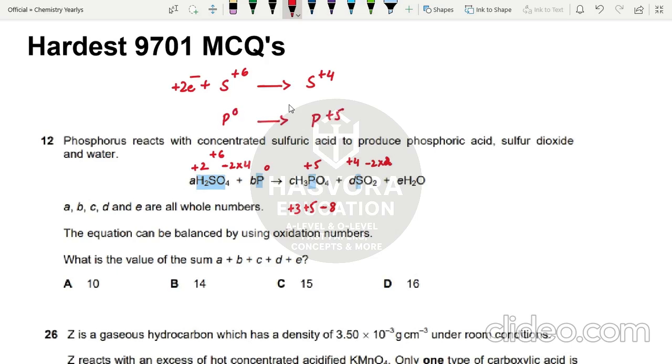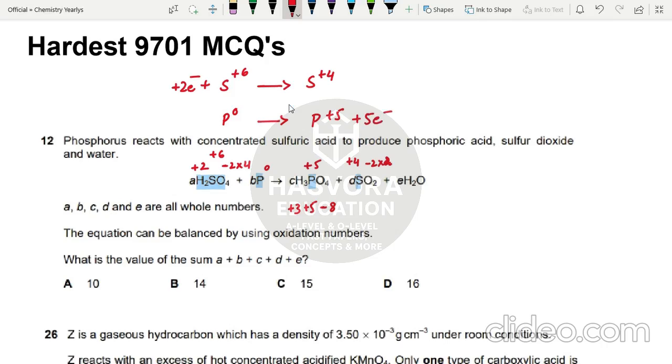This means it has lost electrons. You can write -5 electrons here, but I suggest keeping the sign of the electron the same as I have added it in the above reaction. So you shift it to the other side and add +5 electrons here.